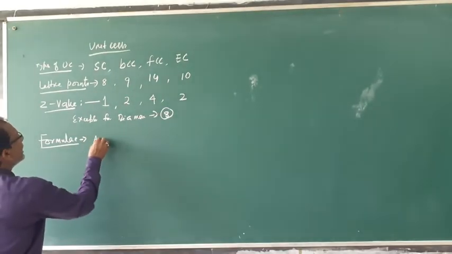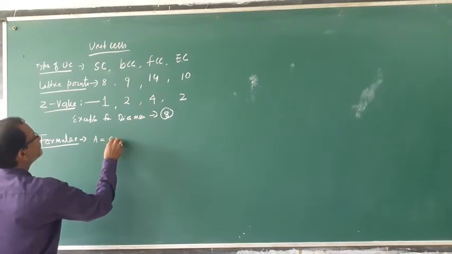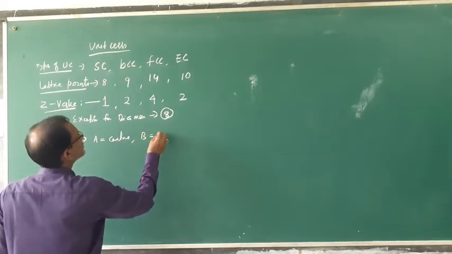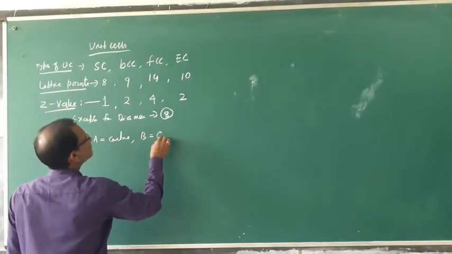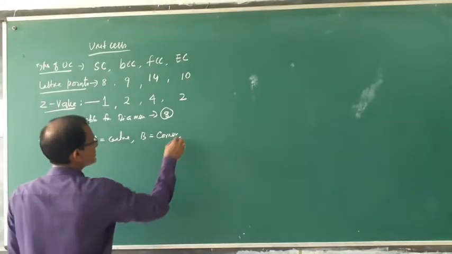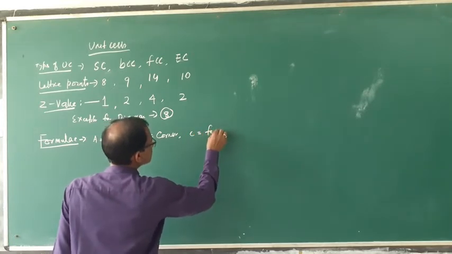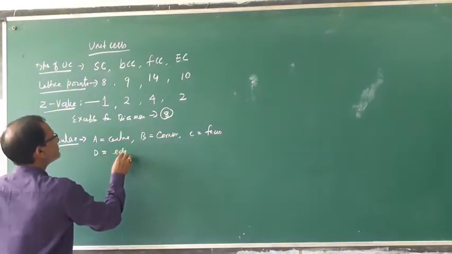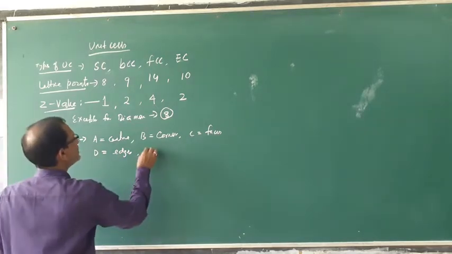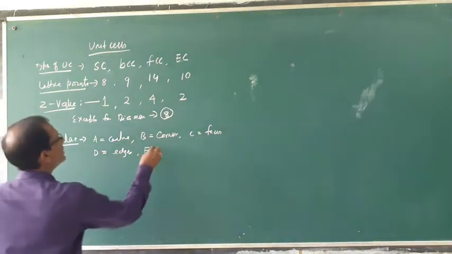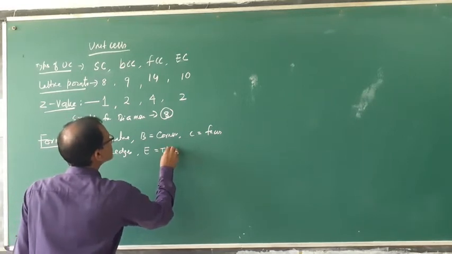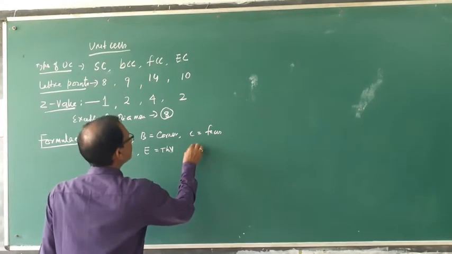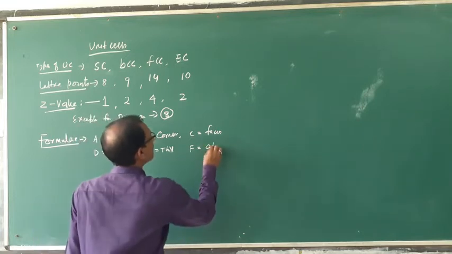If A is at the center, B at the corner, C at the faces, D at the edges, E at the tetrahedral sites, and F at the octahedral sites.